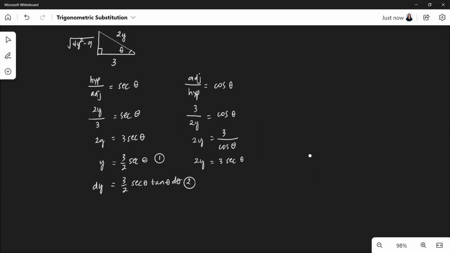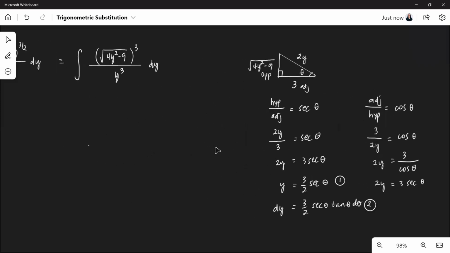So the square root of 4y squared minus 9, we divide by the constant, that's the opposite side over the adjacent side, meaning OA or tangent theta. So the square root of 4y squared minus 9 is equal to 3 tangent theta. Let this be our third equation.